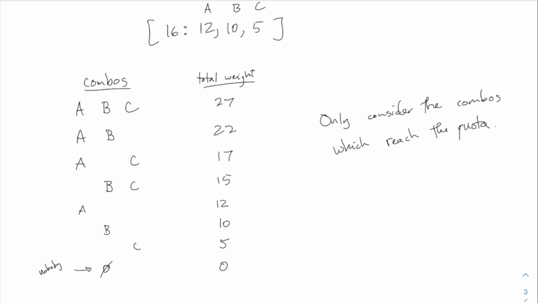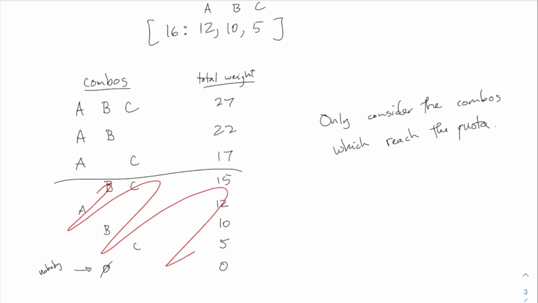So in this example, I don't care about anything below here. These guys down here don't matter. You have to list them out just to make sure that they don't matter, but we can see in this example the quota is 16, and I only care about the ones that actually made it to 16, and so we don't consider those ones down there.